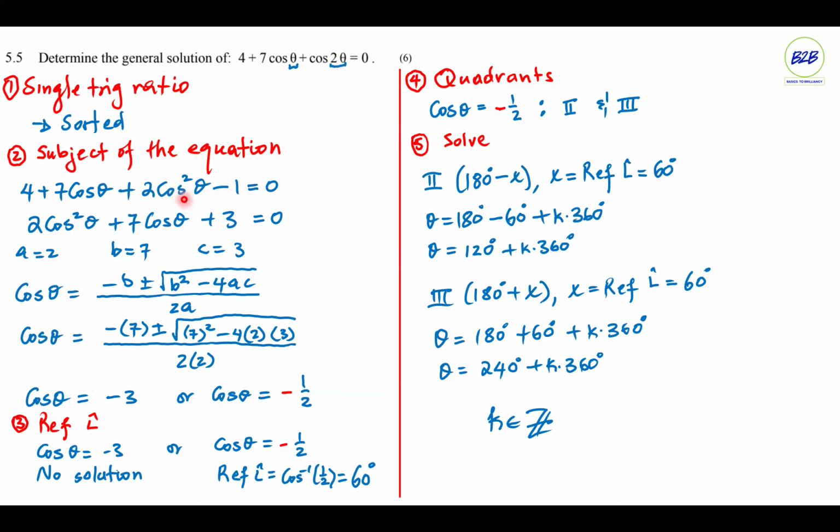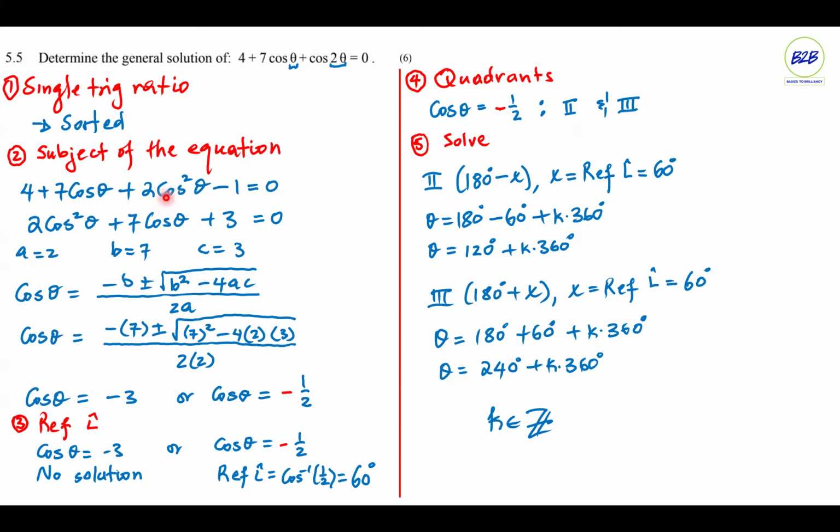Why? So that all this trigonometric ratio can remain in terms of one single trigonometric ratio, which is cos in this case.